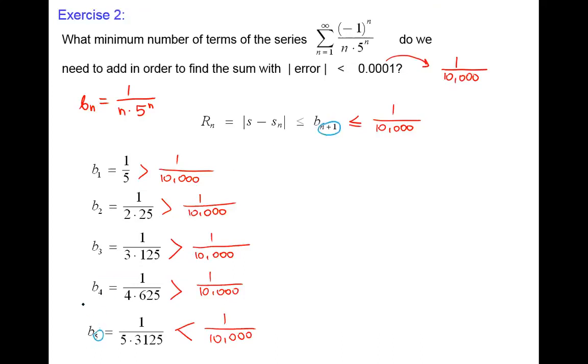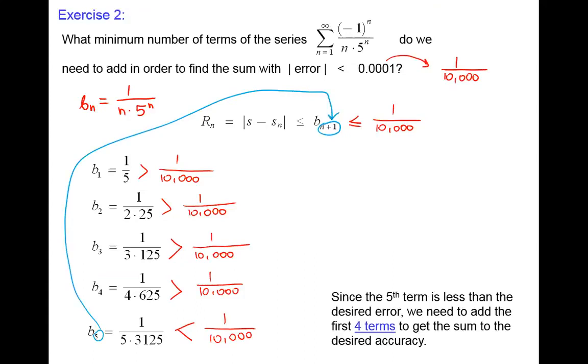Yes, I found that the term B sub 5 satisfies my inequality, my theorem. We have to remember that 5 represents n plus 1. Then the conclusion is, since the fifth term is less than the desired error, we need to add the first 4 terms, because 4 plus 1 gives me 5. That means n is 4, or of course we can pick any number greater than 4.